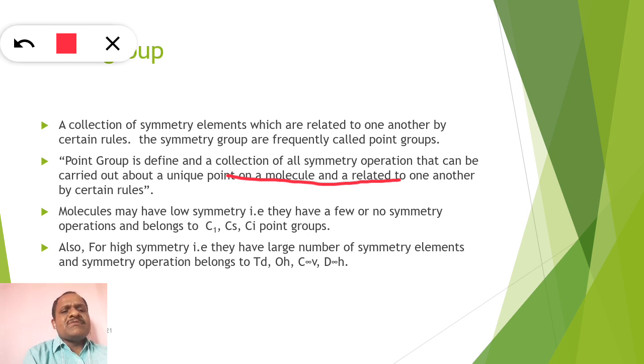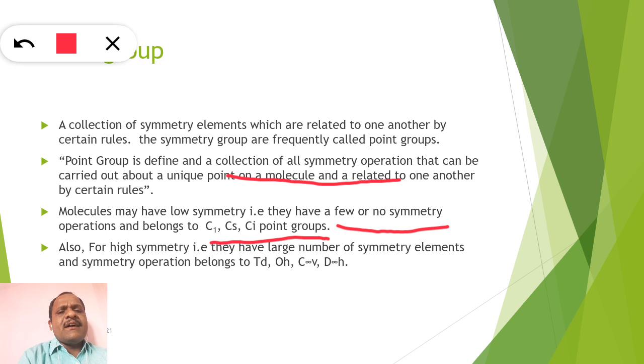Low symmetry molecules means that the molecule has few or no symmetry operations present. If a molecule has no symmetry operations, or only very limited symmetry elements, then that molecule belongs to low symmetry. So what are those? C1, Cs, Ci, these point groups belong to the low symmetry point groups.